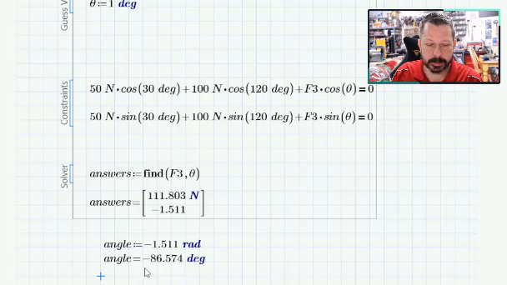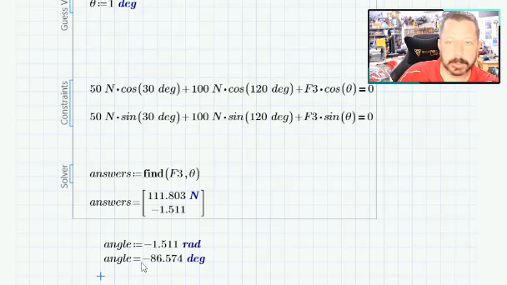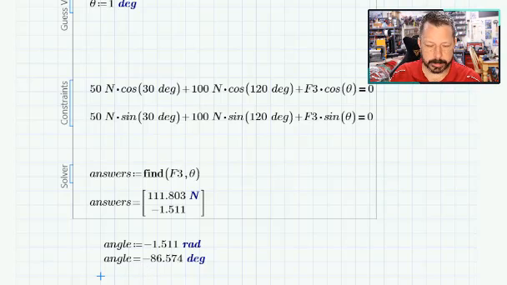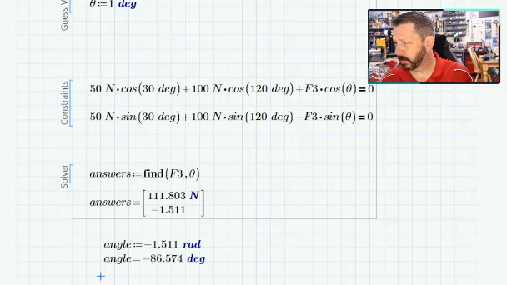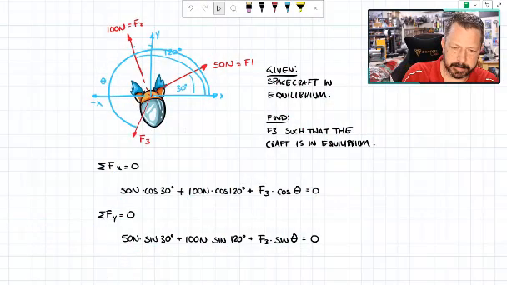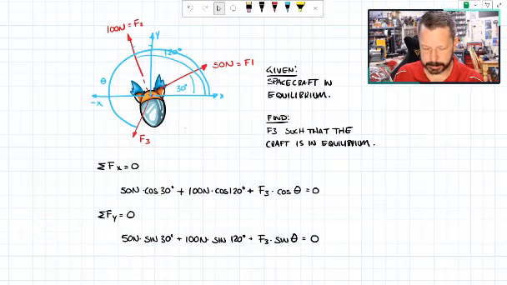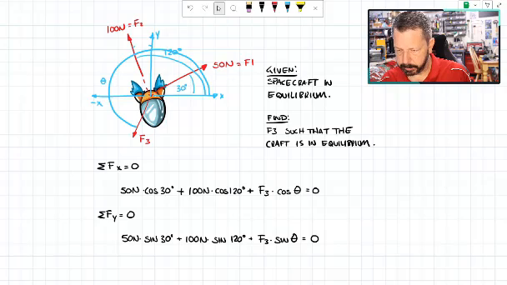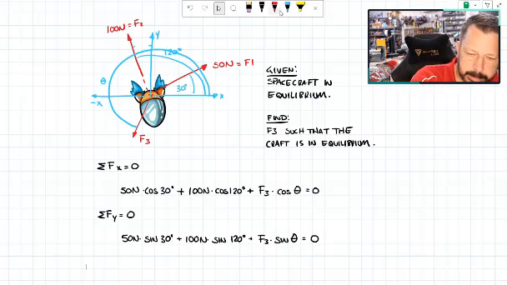So that's going to put it in quadrant 3, measured from the negative x-axis. So the light went off. So what that would be in our picture. If I go back to our picture, we have F3, oh, I forgot 111.8. Let's write these down before I forget them.